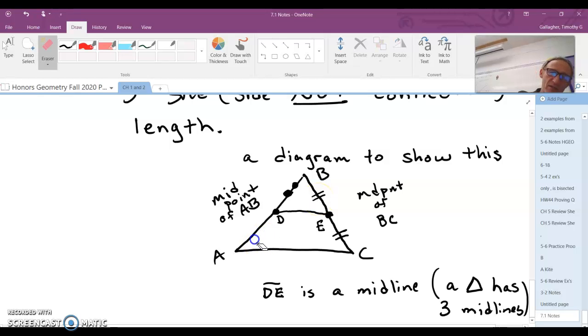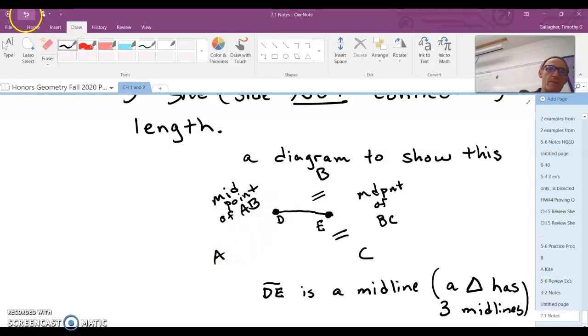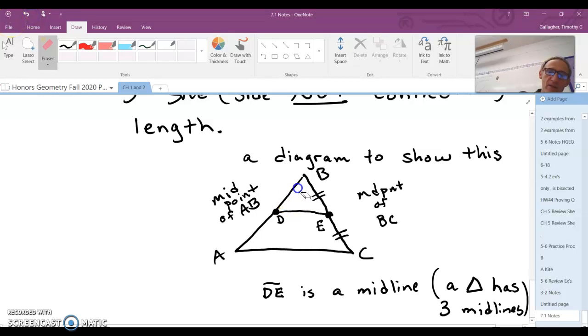I'm going to erase that and that. I'm just going to put one tick mark here like that. So DE is a midline.